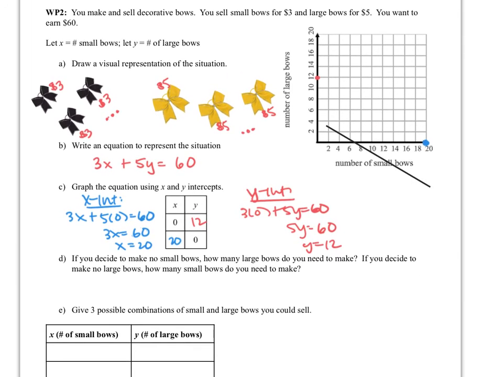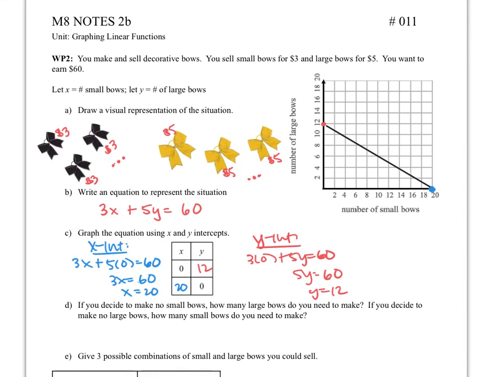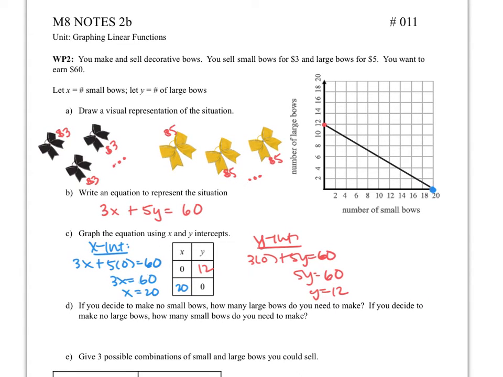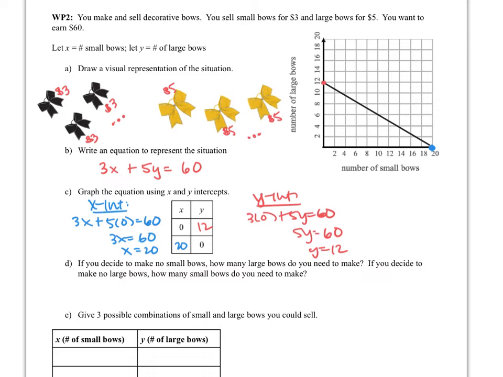So let's say you decide to sell these bows, but you decide to only make either small bows or large bows. So if you only decide to make small bows, that means you're making 0 large bows. So how many small bows would you need to make?